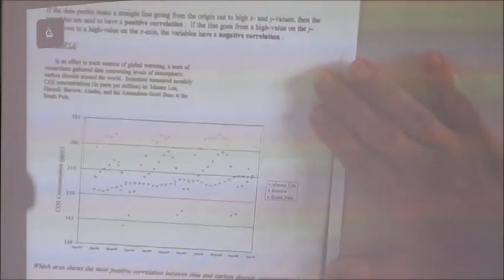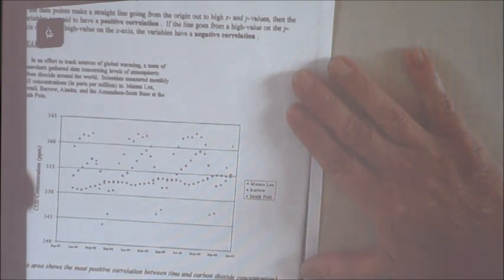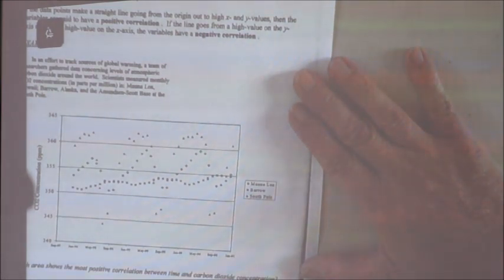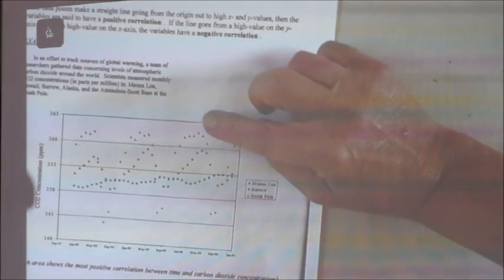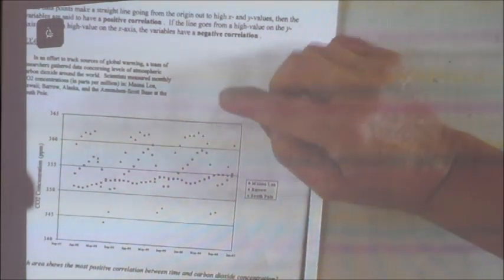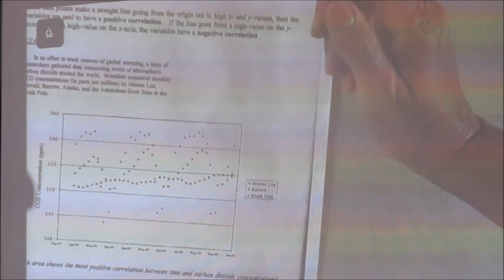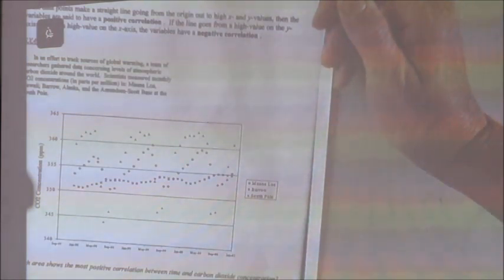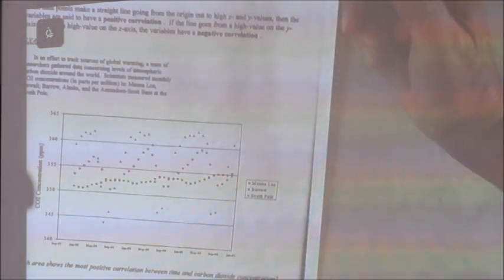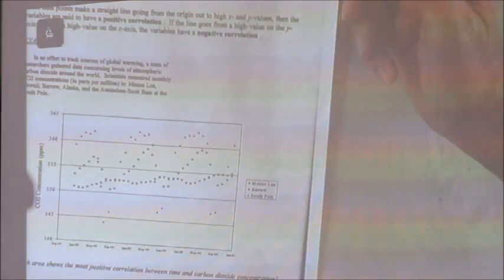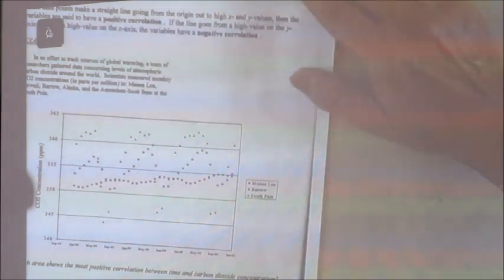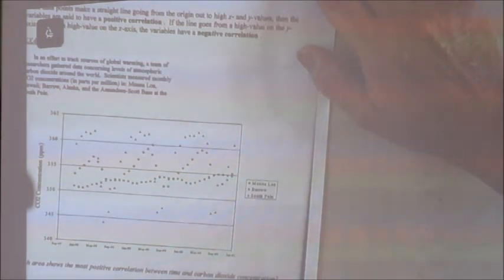So in this question it says which area shows the most positive correlation between time and carbon dioxide. As you see, the data points are different shapes, so they were taken at 3 different areas: Alaska, Hawaii, and South Pole. So they are not all United States, just different locations. And you see these data points between January and almost May, you see the most positive correlation between the data points.